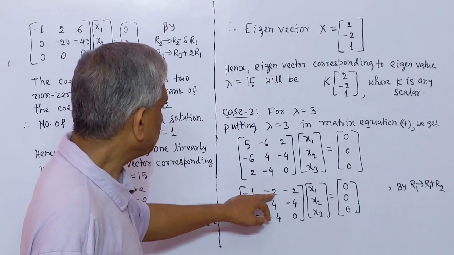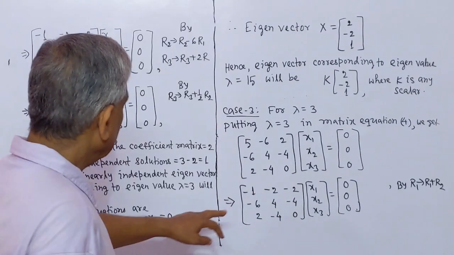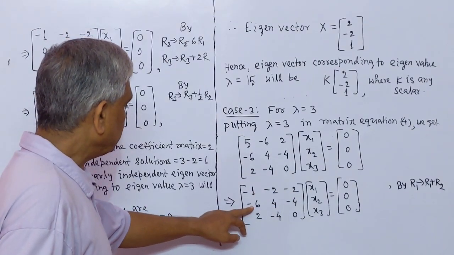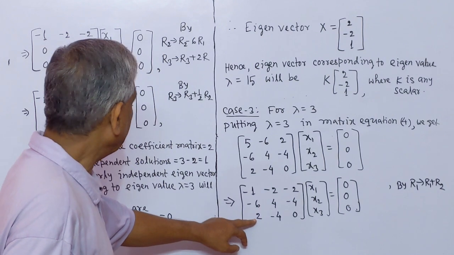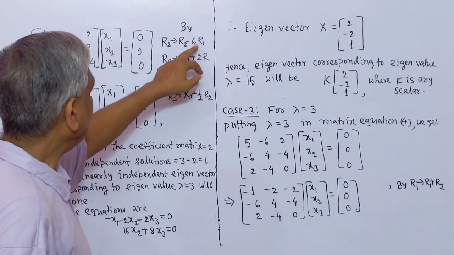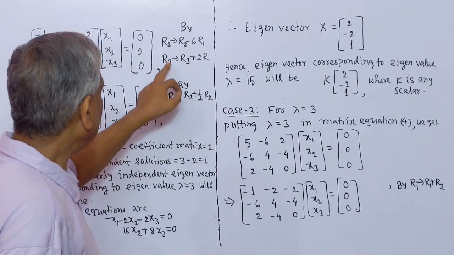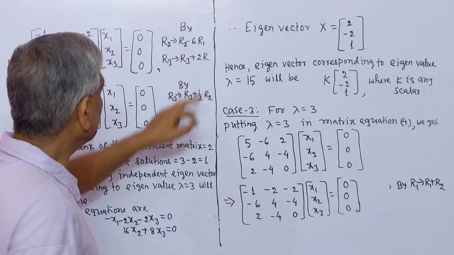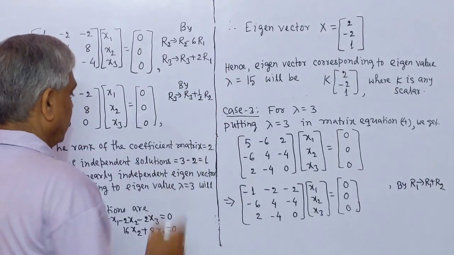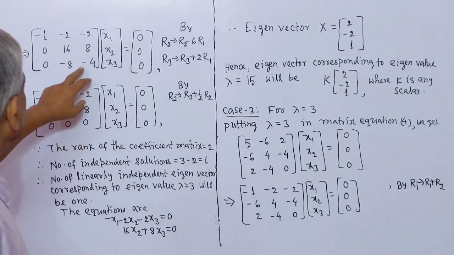So here minus 2, here minus 2, other remains same. Here we want to make 0, here also we want to make 0. So in place of R2, we take R2 minus 6 R1, and in place of R3, R3 plus 2 R1, and we get this equation.